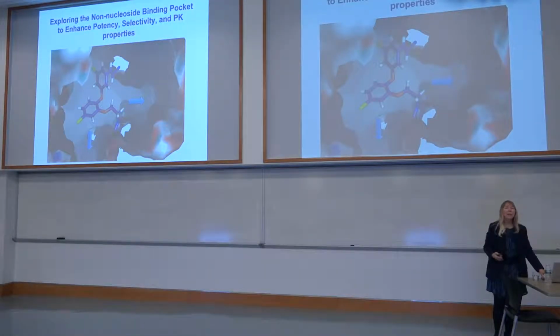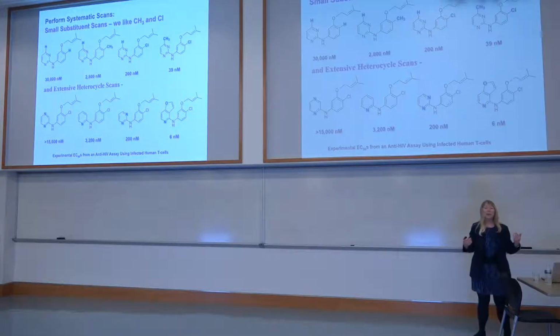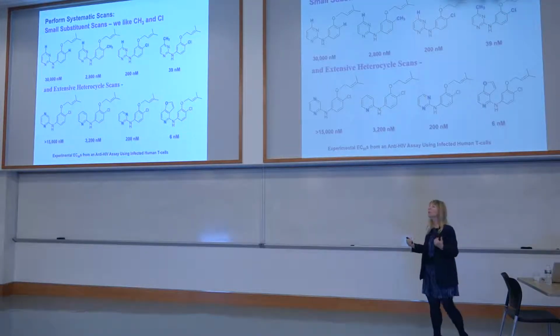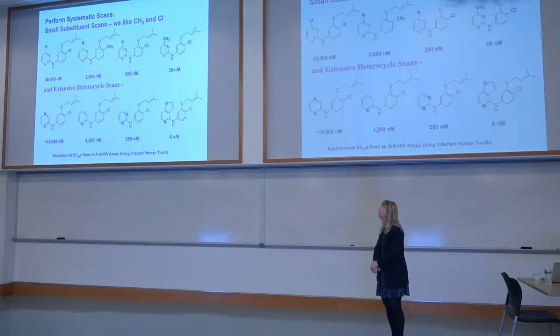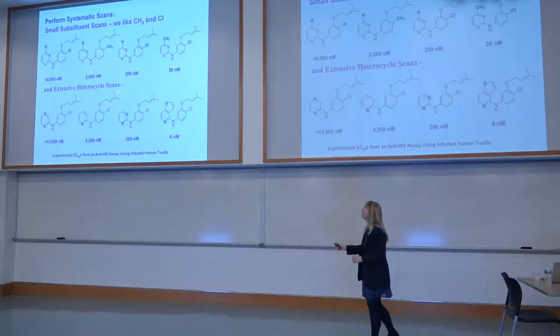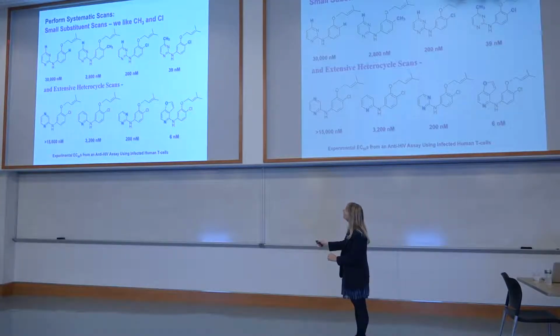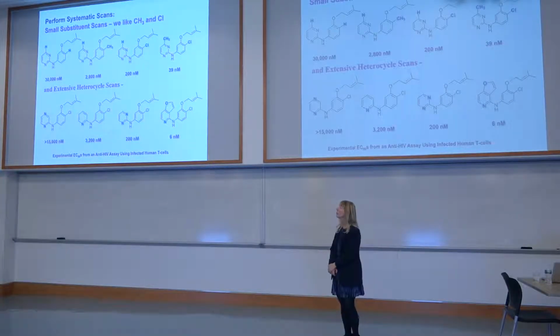Now, if we're using this whole strategy of something called free energy perturbation scans, what we would do, and this is my computational collaborator, would look at a potential scaffold. This is just an example of this scaffold that we discovered from a virtual screen.